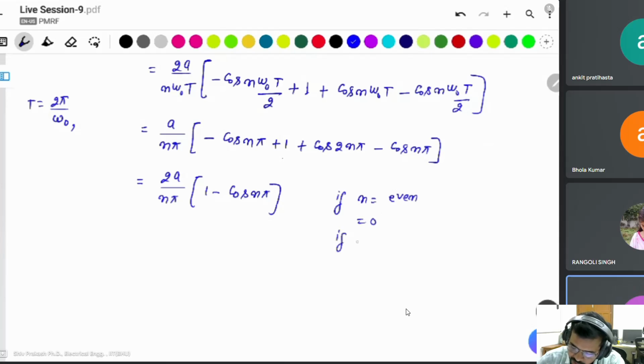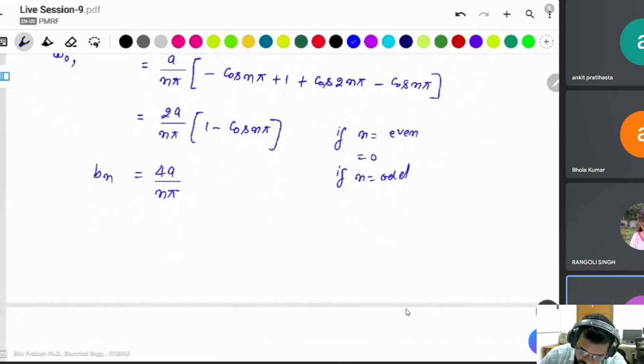It means only for odd n, bn is nonzero. For odd n, cos nπ is like cos 180 degrees, which means minus 1, and minus minus is positive. This will be 4A by nπ. aₙ is equal to 0, a₀ is equal to 0.